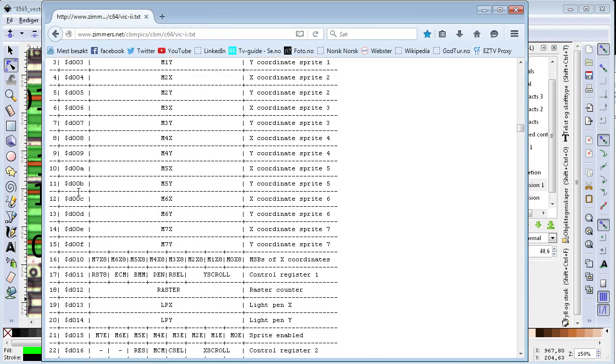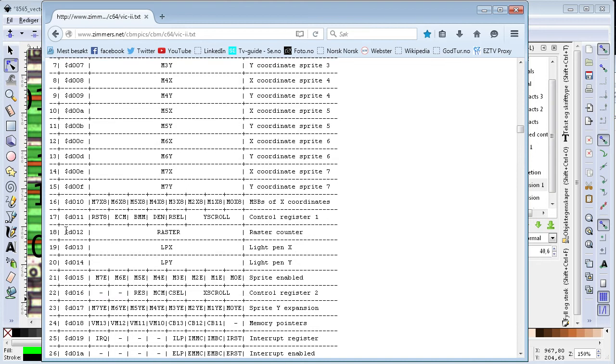You have D012, that's the raster counter. So you can set that value, and if I remember correctly, when you set the raster, and if you have set other registers also, I think you can get an interrupt. You can make the VIC chip fire an interrupt for the CPU.